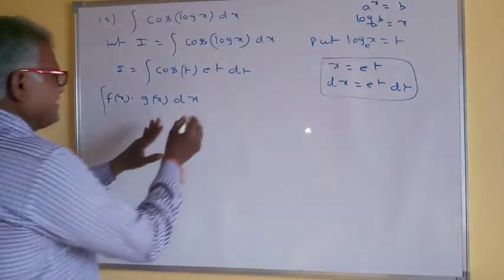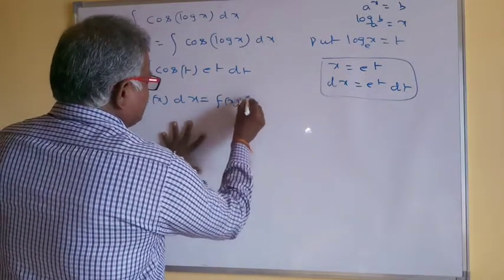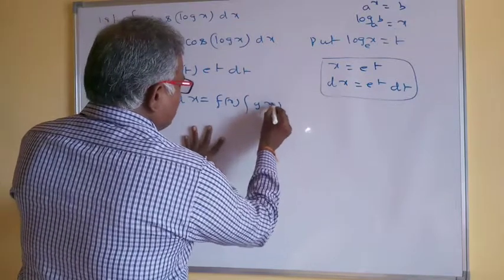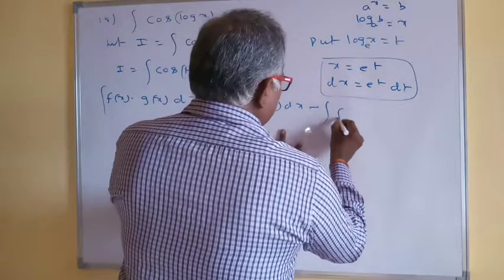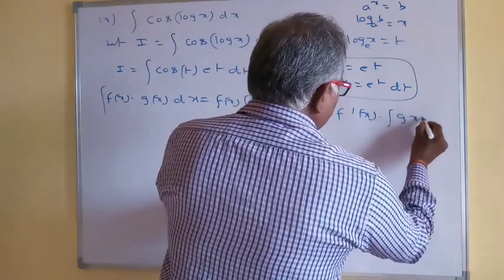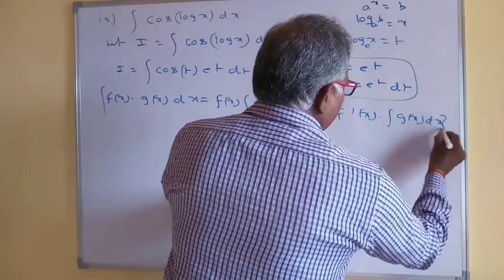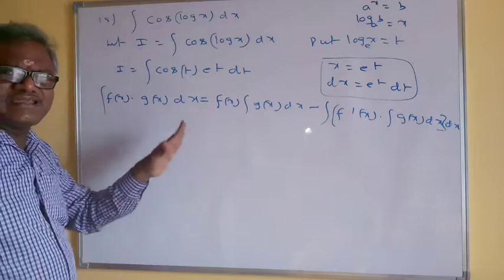You have to mention the formula. First, it is equal to first function into integral of second function, minus derivative of first function into integral of second function, into dx. You should mention this formula clearly.